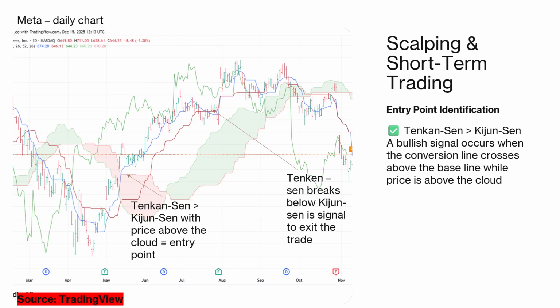The original signal was given here on the Meta chart, it's a daily chart, when the turning line broke above the baseline back in early May. It wasn't until towards the end of May that we saw price actually break above the cloud as well, and that would give you your entry point. When the turning line breaks below the baseline towards the end of July, that was your signal to exit the trade.